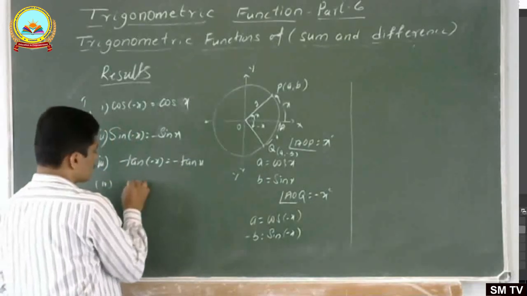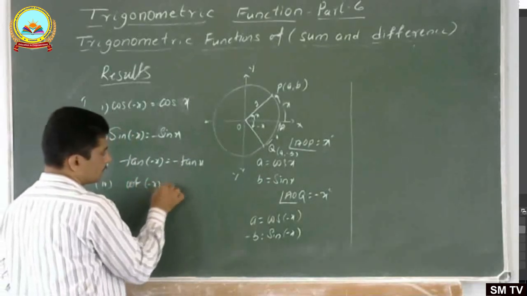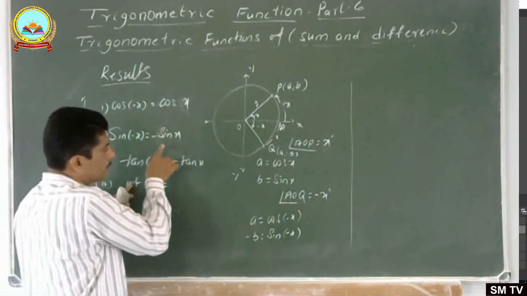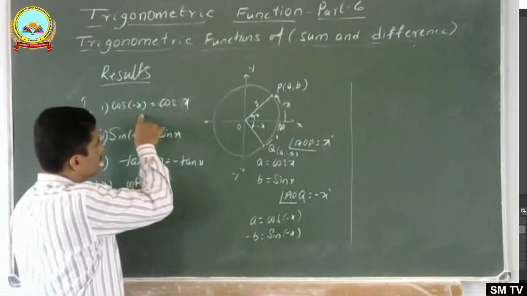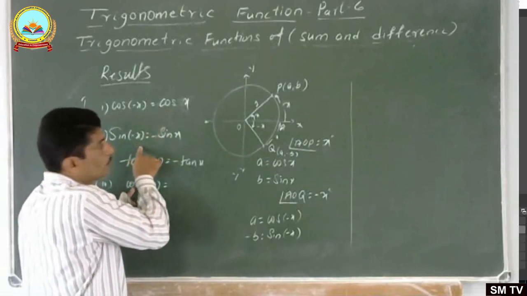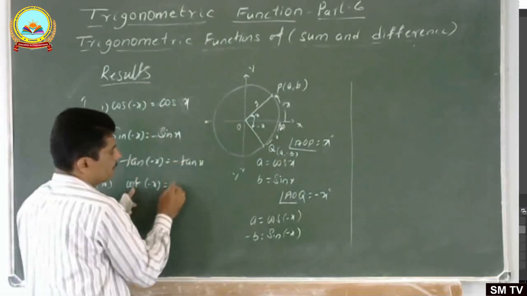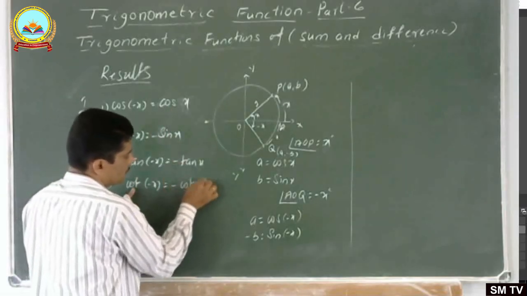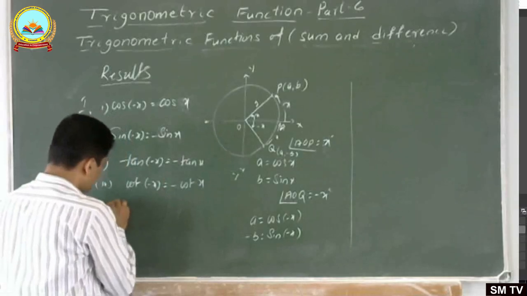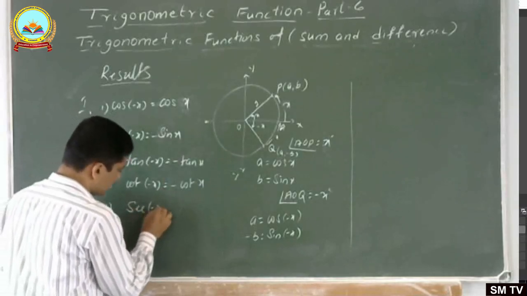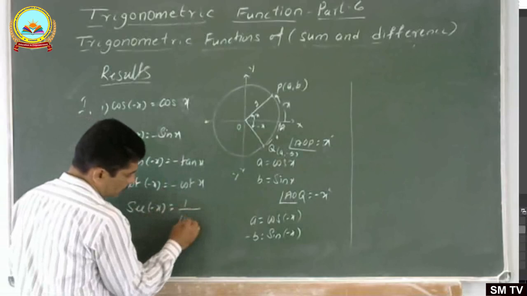The fourth one is cot of minus x. Cot x means cos x divided by sin x, so cot of minus x means cos of minus x divided by sin of minus x, which is cos x divided by minus sin x, that is minus cot x. The fifth one is secant of minus x. It is the reciprocal of cos of minus x.